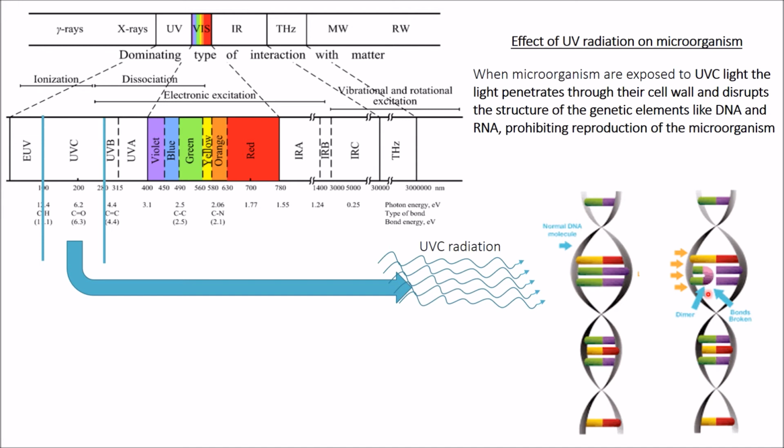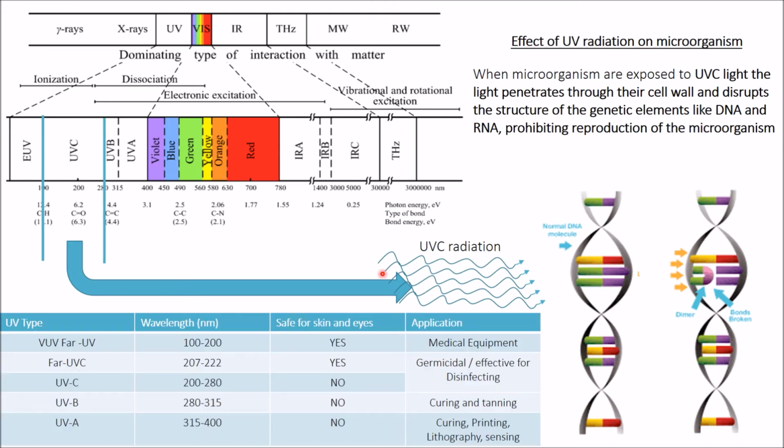But be very careful. Since it's a do it yourself video, we need to make sure that safety is our first priority. UVA radiation is used for curing, printing, sensing, and many other things. UVB is for tanning and curing, but UVC comes in the wavelength of 200 to 280 nanometers, and it's used for germicidal purposes, and it is very dangerous for skin and eyes.